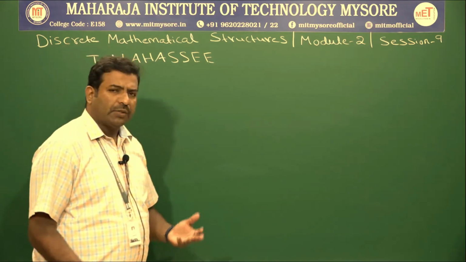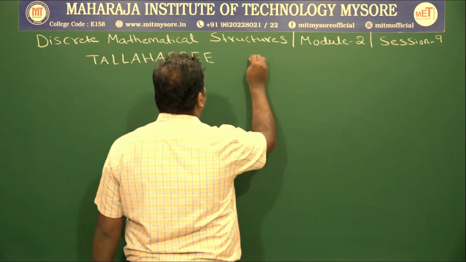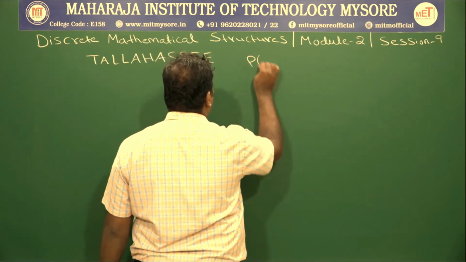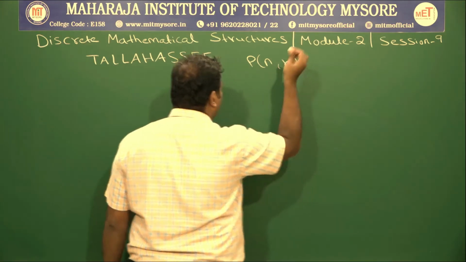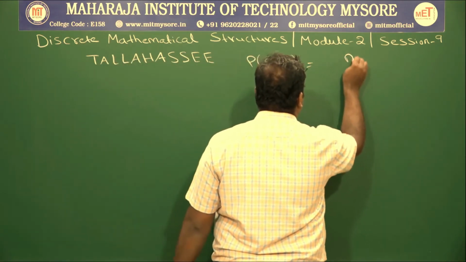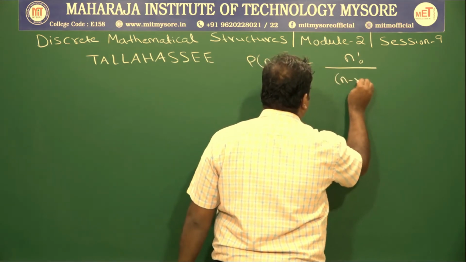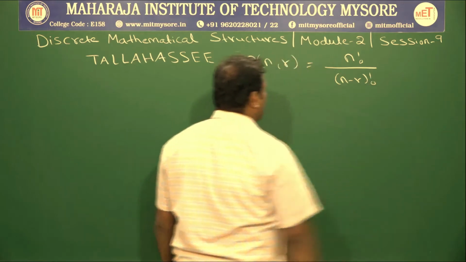For that I use P of N comma R, which is N factorial divided by N minus R factorial.